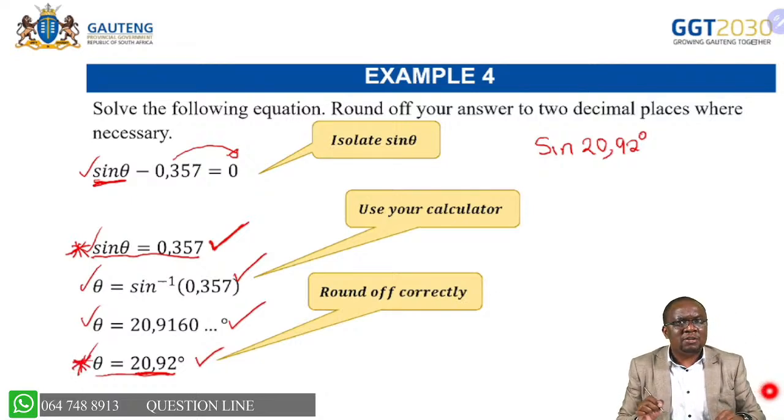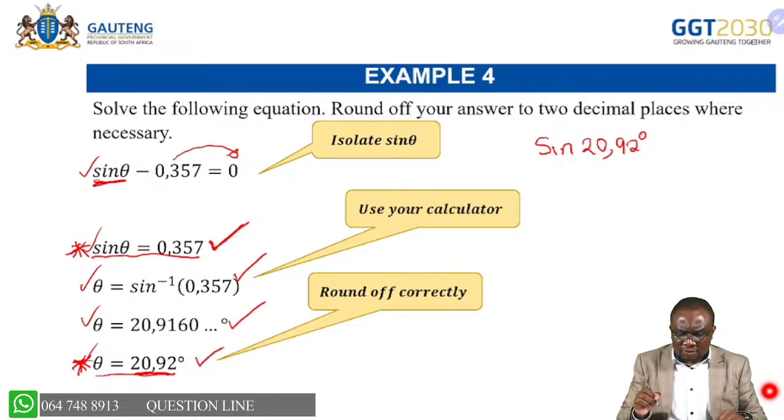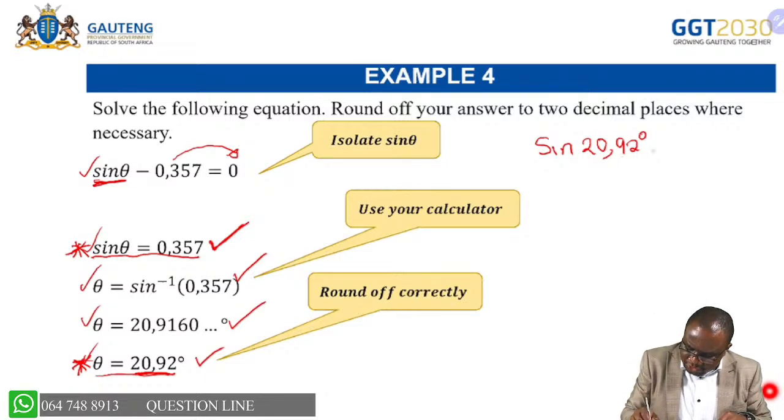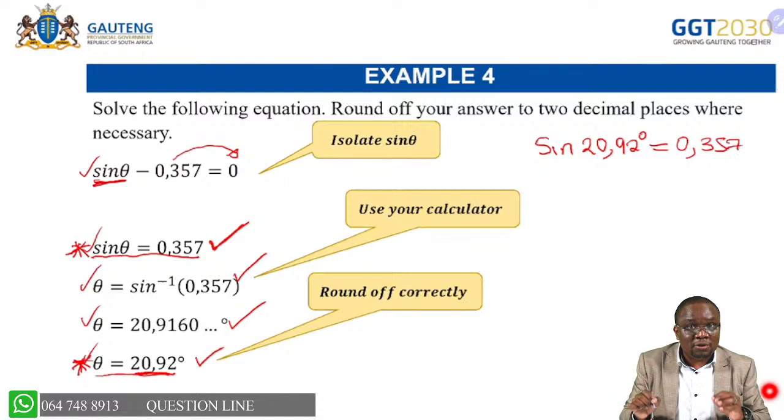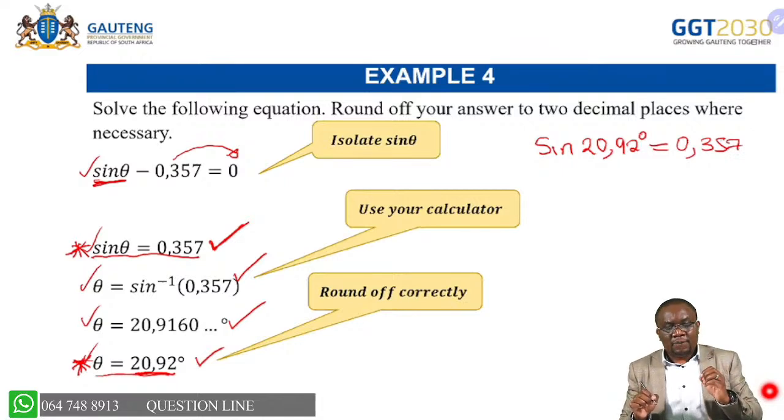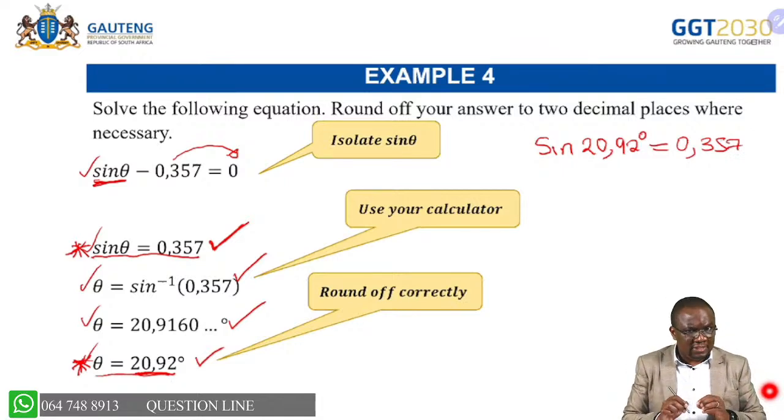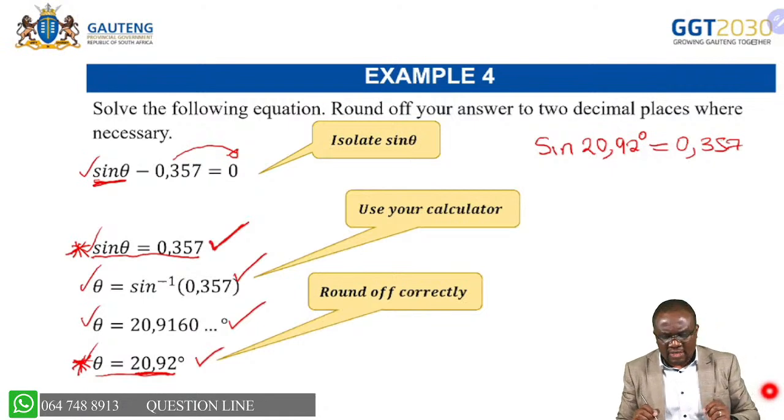This 20.92 degrees is the angle. So if you say sine 20.92, you are going to get 0.357. You can try that, but our answer may not necessarily be exact because we rounded off here. You see that? But it will be almost that.